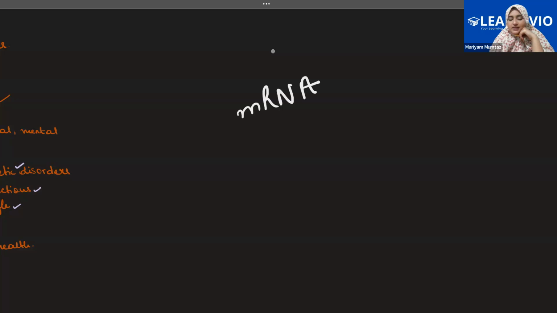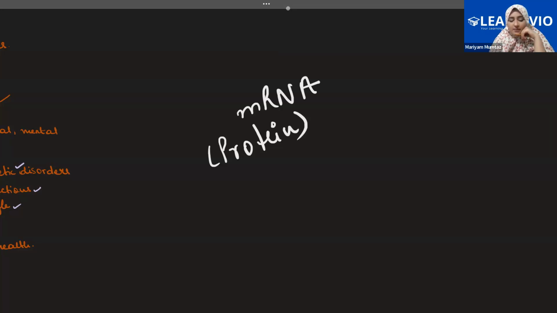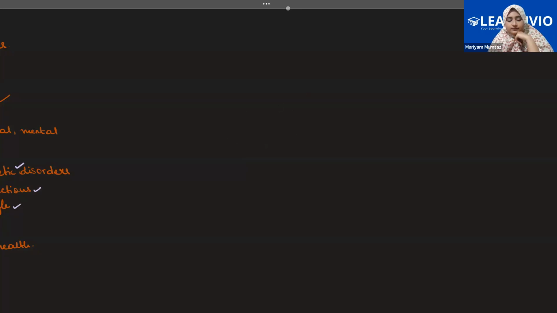When you write polypeptide synthesis, in the bracket you write down protein, because protein is the polypeptide that we are talking about. Done, ma'am? Everyone's done? One minute. Okay. Done?